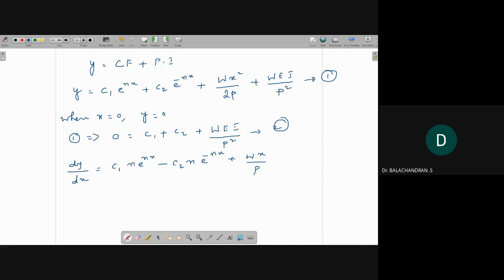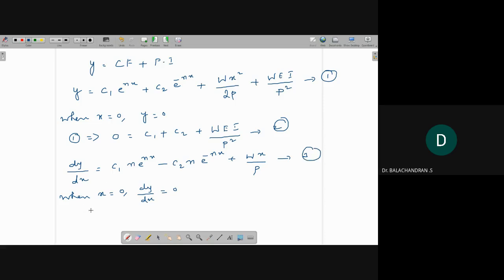This is 0. Now there is one more condition given in the question. When x is equal to 0, dy by dx is equal to 0. So now, if you apply here, this is 3.